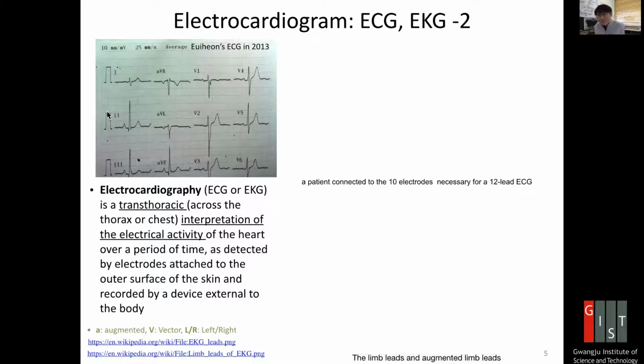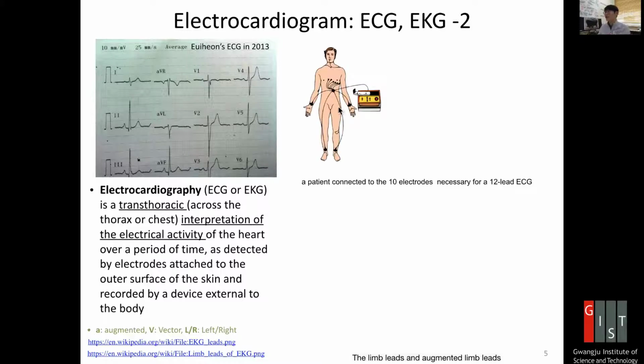Our heart activity, as I said, is a rhythmic, three-dimensional dynamic activity, so the net electric vector can actually be changing in 3D. For us and physicians to see this easily, we decompose it into these 12 aspects.